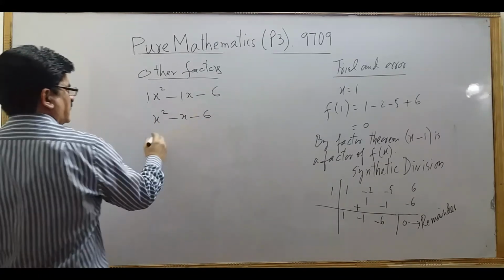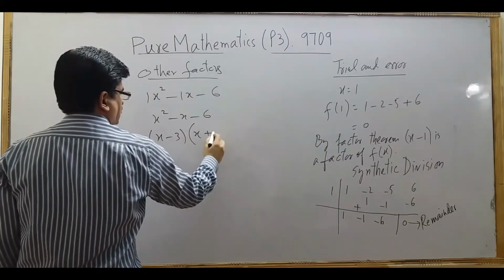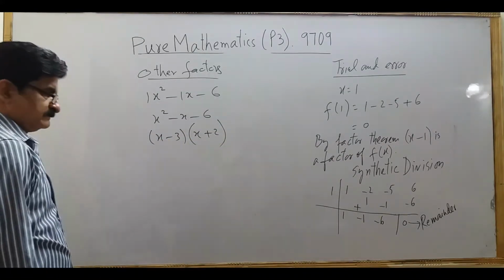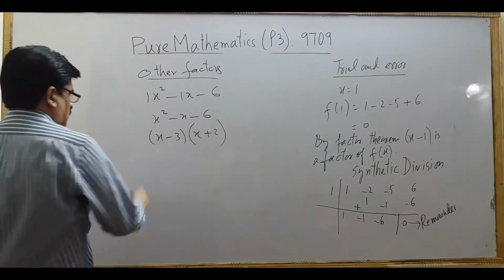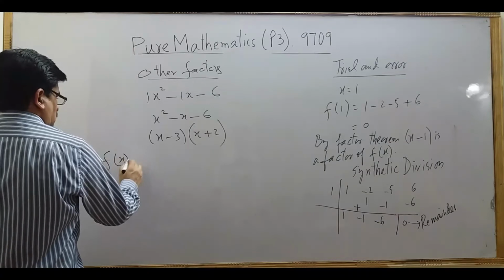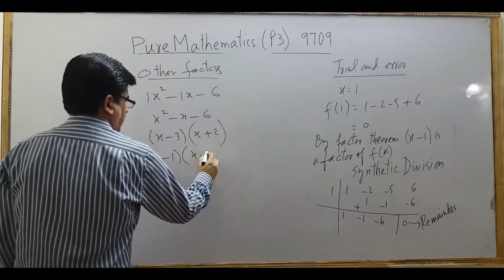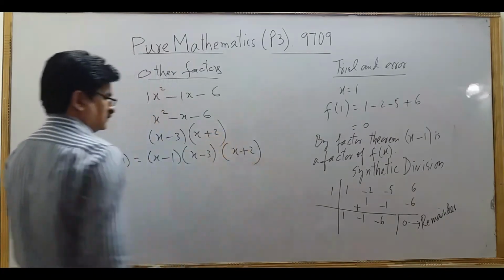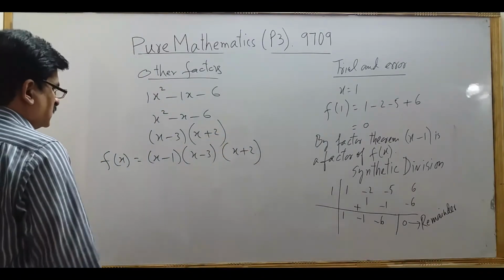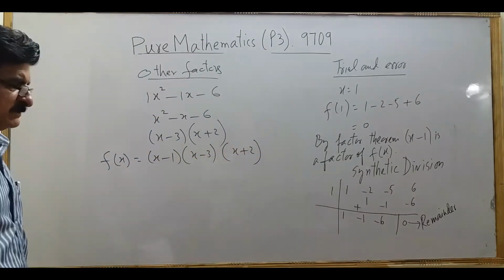Now if you factorize it, you will get (x minus 3) into (x plus 2). So f(x) is equal to (x minus 1) into (x minus 3) into (x plus 2). We have completed the factorization process.